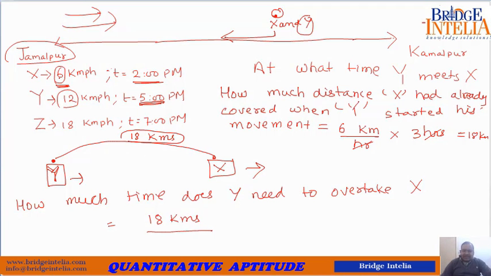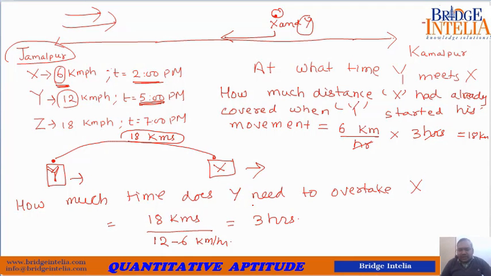The target is moving at a speed of 6. The chaser, the person who is chasing, is moving at a speed of 12. So what is the extra speed Y has? 12 minus 6 kilometers per hour. So 18 by 6 is 3 hours.